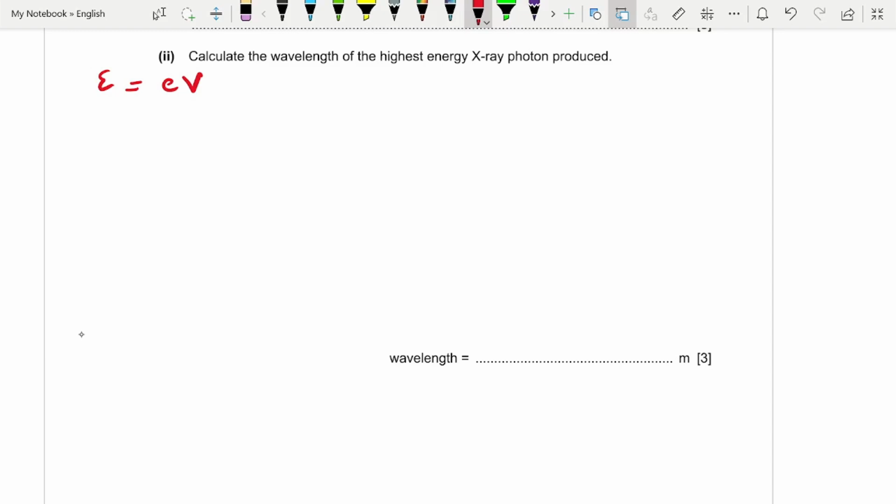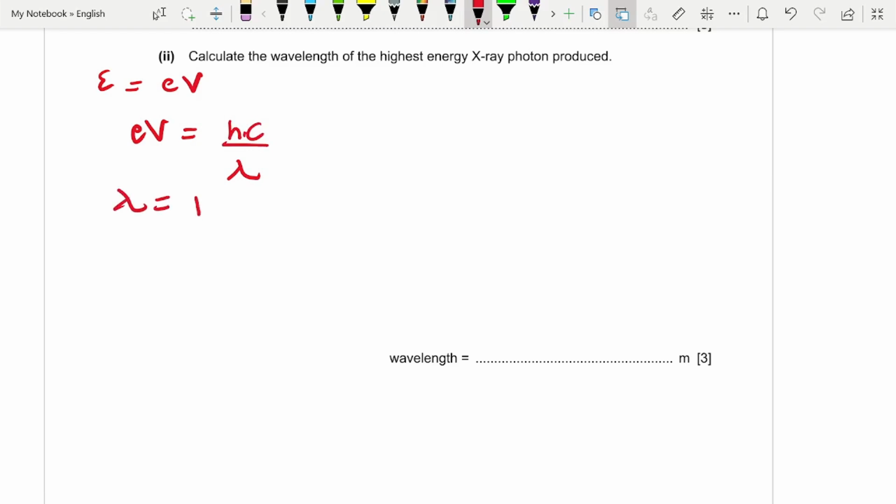You got it? So in order to have the highest energy X-ray photon produced, you're going to give all of your energy to that photon. So eV is equivalent to hc divided by lambda, because all of the energy from the electron is going to go to the photon itself.